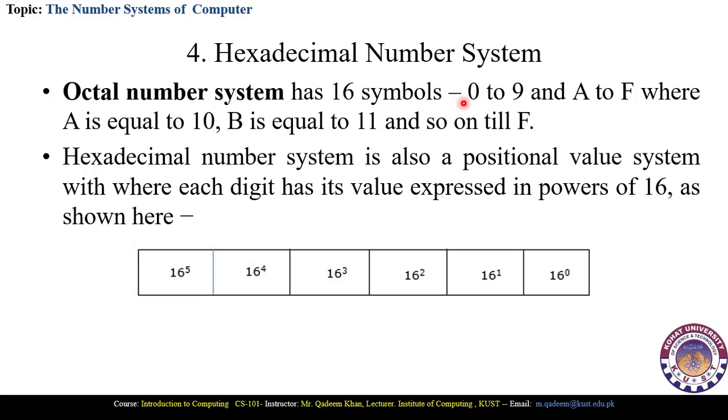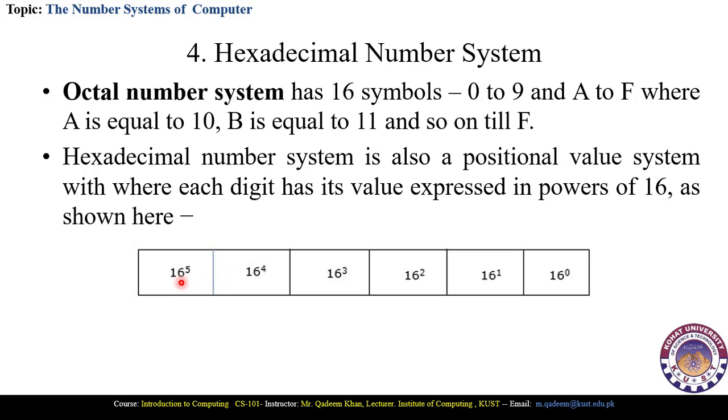It contains the values 0 to 9 of the decimals, and A to F, where A is equal to 10, B is 11, and so forth, and F is 15. So the digits 0 to 9 and A to F are the symbols used to represent hexadecimal numbers. The hexadecimal number system also has positional values, where each digit has a value that is a power of 16, and these are shown here.